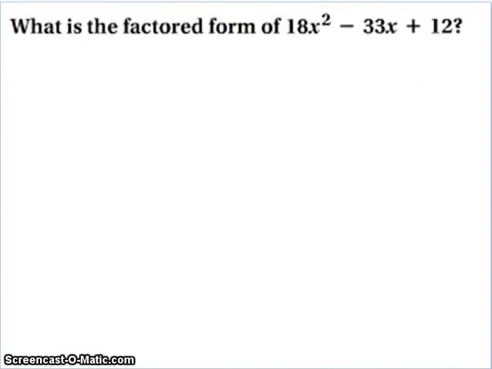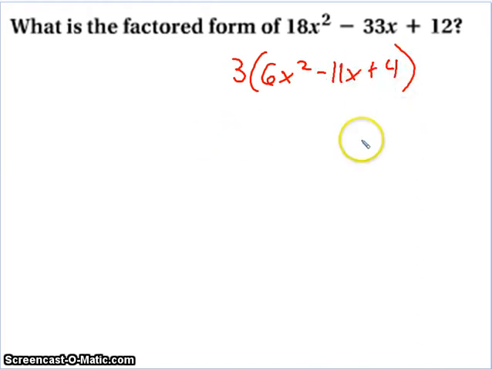Okay, now look at this one. Notice that there's something that each of these has in common. Okay, so the first step when you see that is to pull it out. Okay. And then go through the process of factoring it just like we did. So once we've pulled out that 3, we've pulled out a common value that everything had.